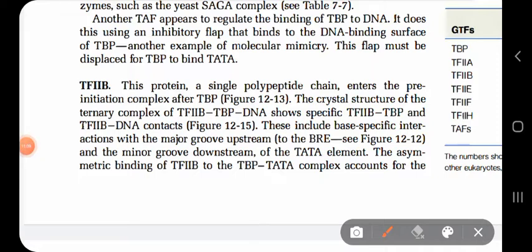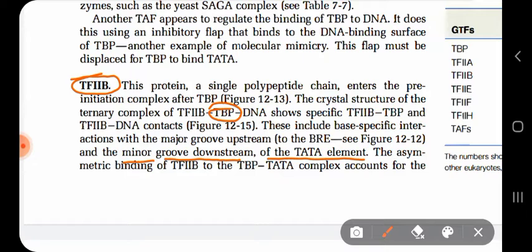Next, it is saying that it also associates with the minor groove downstream of the TATA element. That means the TATA element, which is located just after the BRE element, is where TF2B also interacts with the TBP.